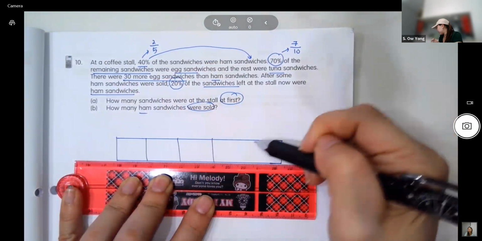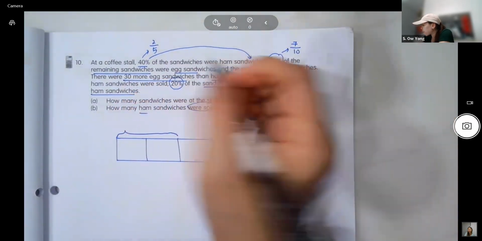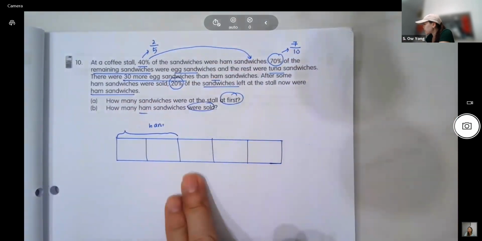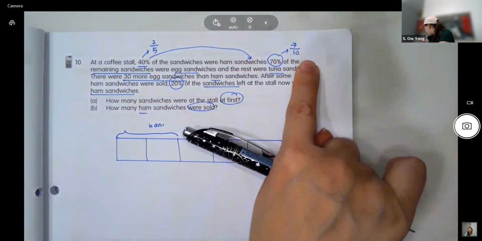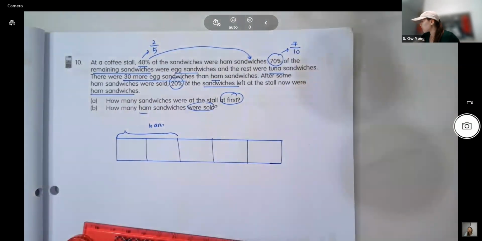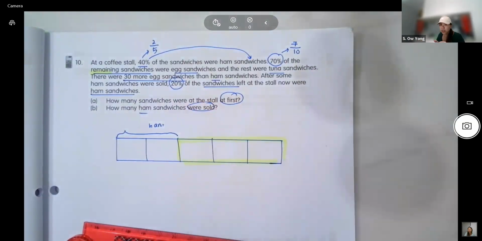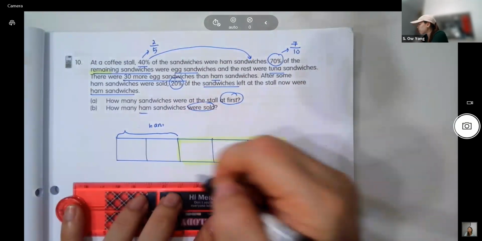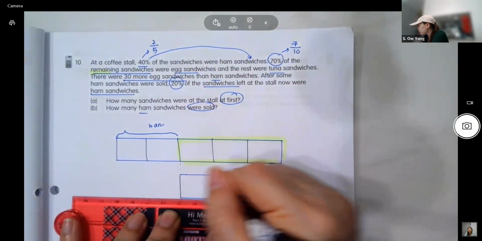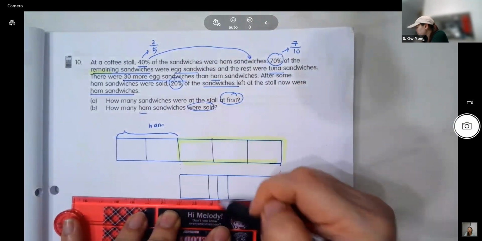Then label 2 as ham. Okay, they say 7 out of 10. So this is the remaining. But they want to cut the remaining into 10. Is it possible? Not possible. So never mind. I drop down first. I cut into 10 first.